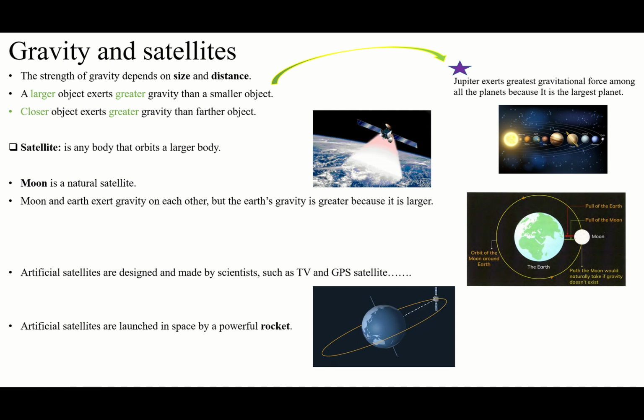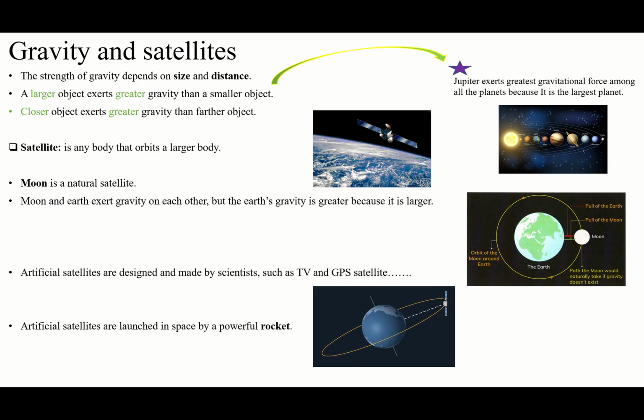It will be smaller. But what happens if we make them closer to each other? According to this rule, a closer object exerts greater gravitational force. So if we make them closer to each other, their gravitational force will increase because they get closer.